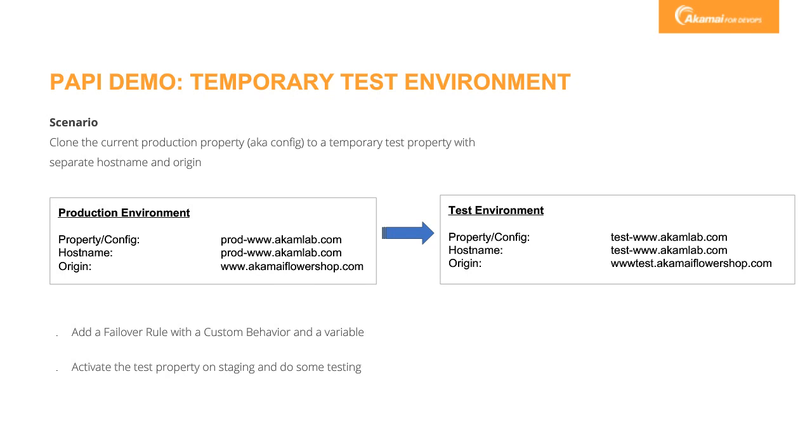So that's why in this scenario we're going to set up an Akamai test config, which initially is going to be a clone of the production environment. Then we're going to make some changes to it and push it to staging, and I could actually push this test config to Akamai production as well, so that the team developing this new failover functionality can do their testing.